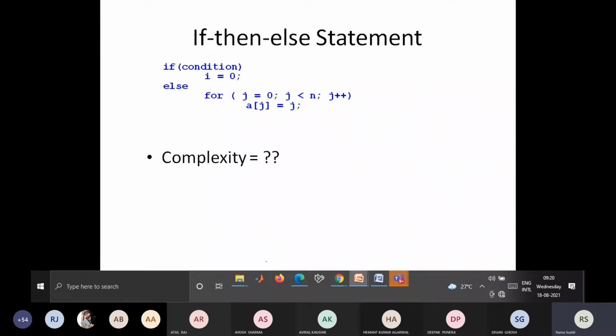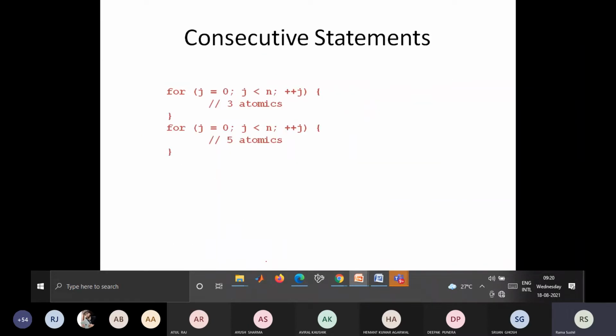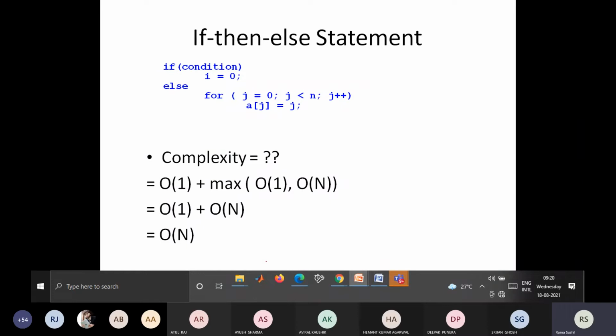If there is an if-then-else statement, then what will be the complexity? Again you have to see the maximum number of times the particular condition will run. That will help to find the complexity. Now, if this particular condition is true, then this statement will execute. At the most, the maximum time it will run is fixed, one time only, so order of 1.